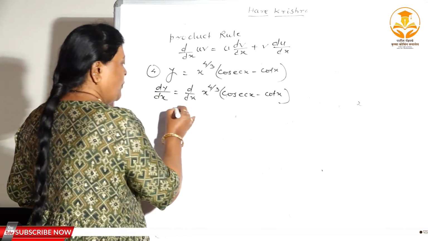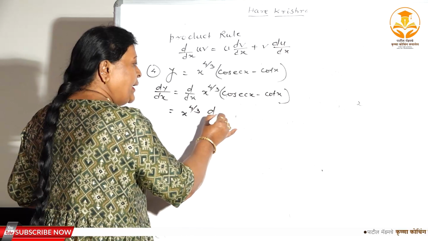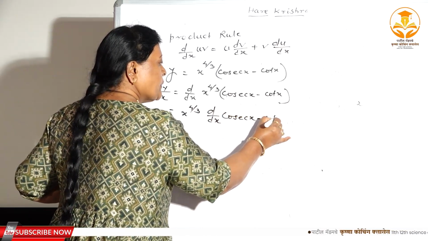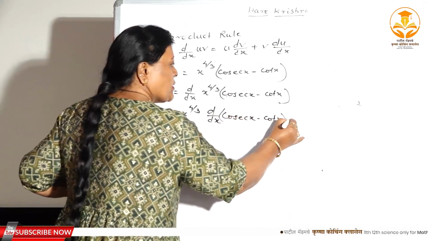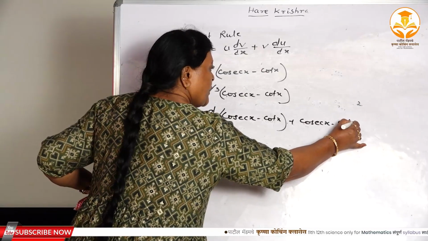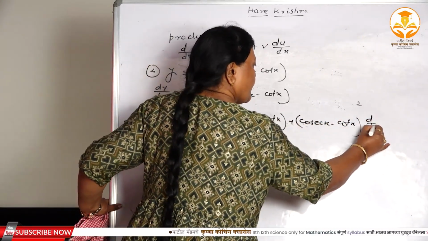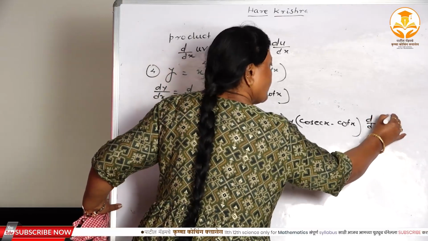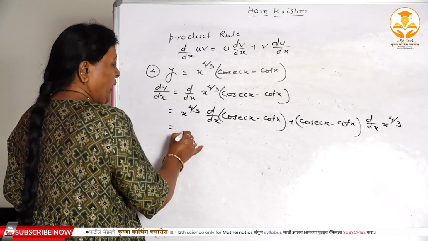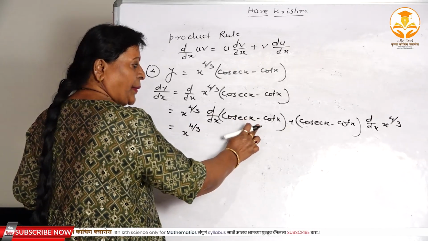Isn't it? So, x to the power 4 by 3 remains as it is. Take d/dx of cosec x minus cot x, plus cosec x minus cot x remains as it is, d/dx of x to the power 4 by 3. Right? Now see here again, you have to apply the subtraction rule.